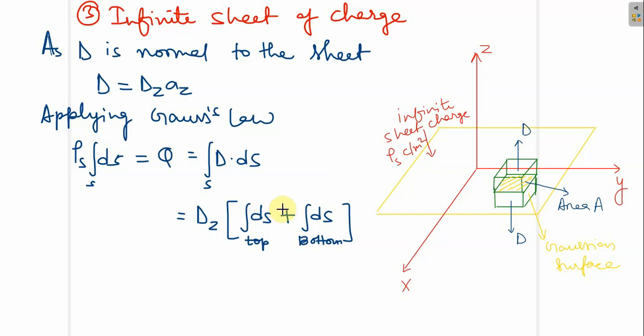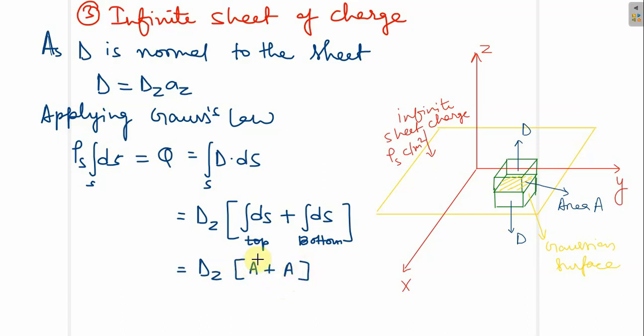Now since D dot ds evaluated on the sides of the box is 0, okay, along the sides there are no components, and the top and bottom both have area A. If we consider the top, it has area A. If we consider the bottom portion, again it is of area A. So in that case ds top and ds bottom both will be of area A, and if we integrate it, this will be Dz into A plus A.